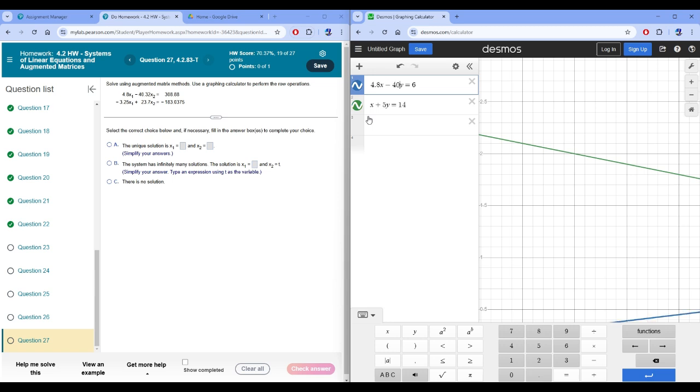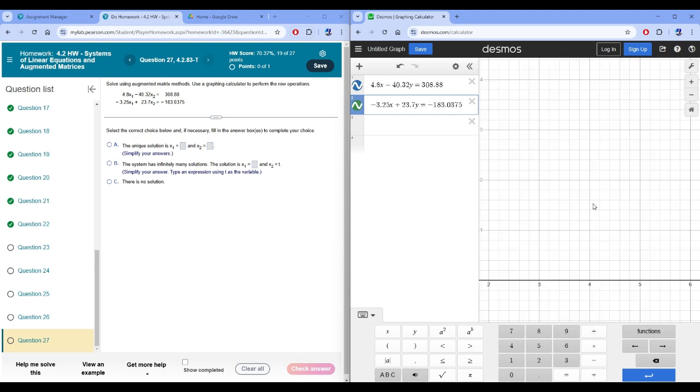Minus 40.32 is equal to 308.88, and then this equation is going to be negative 3.25 plus 23.7 equals negative 183.0375. I'm going to zoom way out.